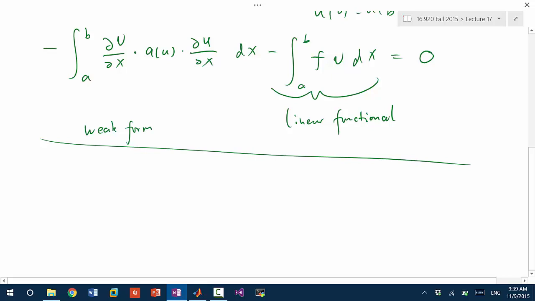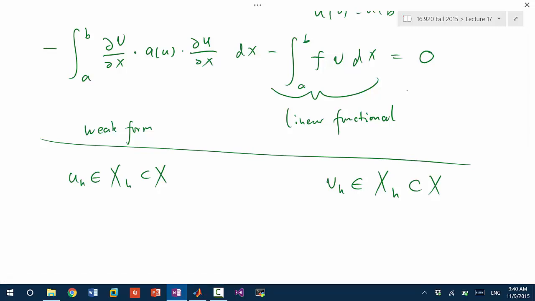Okay, to go from the weak form to finite element, we first of all restrict the space, V_h. We have to be now in a subspace of X. And u_h also has to be in a subspace. And the fact that V_h is in a finite dimensional subspace means that we can enforce this equation by enforcing a finite number of equations. In order for this equation to be satisfied for any V_h, we only need the equation to be satisfied for the basis, for a finite number of V_h.